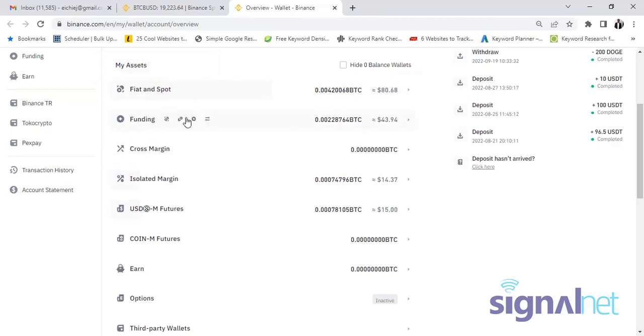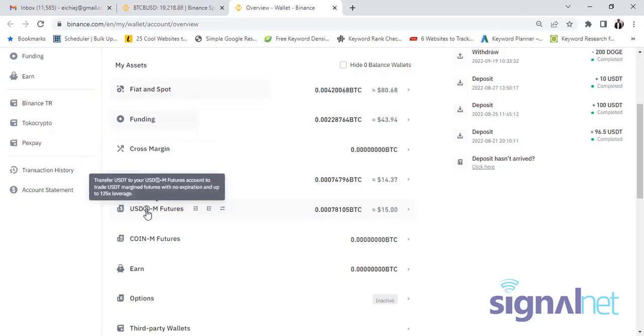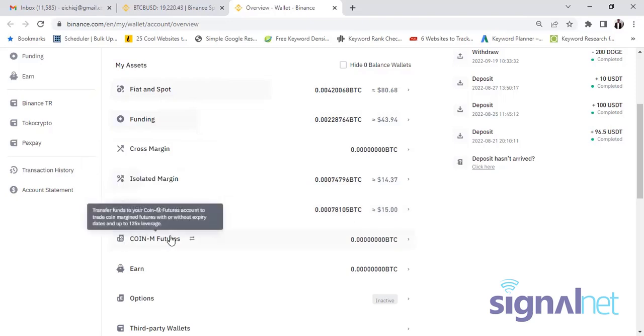Then there's also funding. Funding is usually requested. Maybe you want to transfer money to someone. Most of the time, by default, they want to use the funding wallet for that. Then there's the cross margin, the isolated, USD-M futures and the coins.